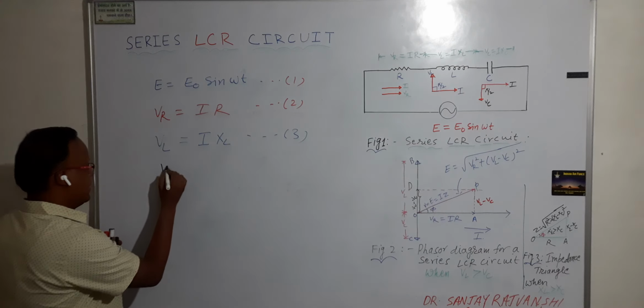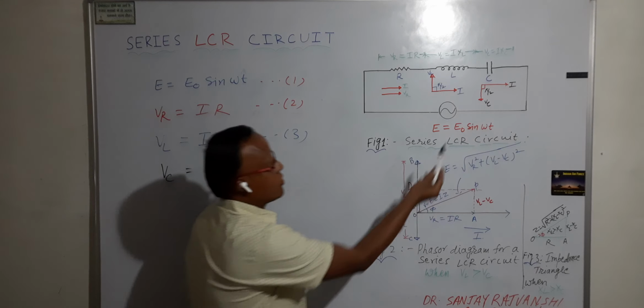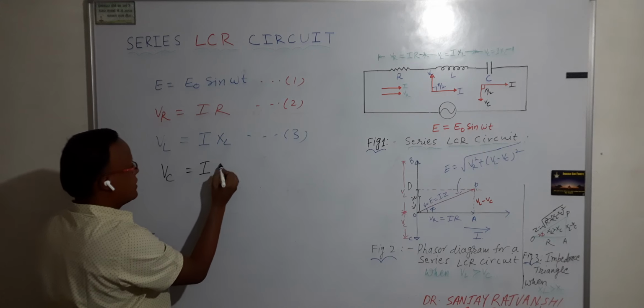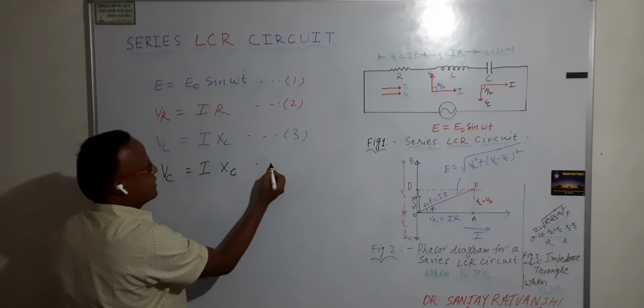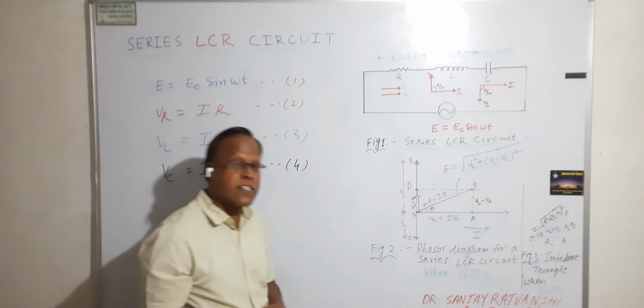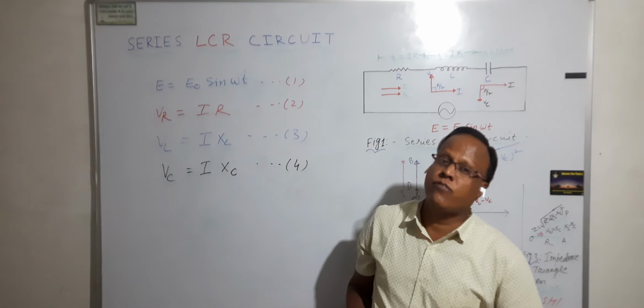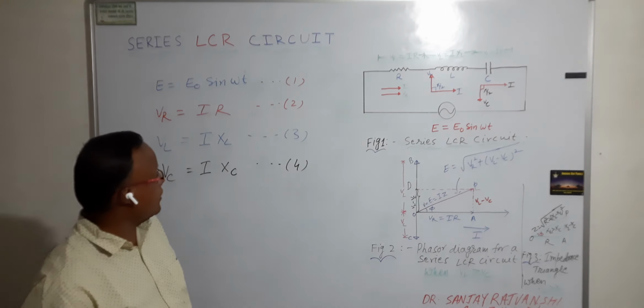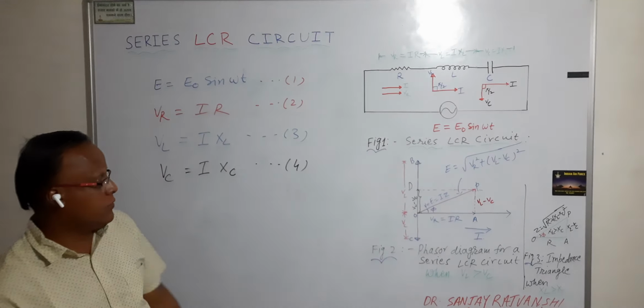Similarly, the voltage across the capacitor C is given by VC is equal to IXC. This is your equation number 4. And this XC is called the capacitive reactance of the capacitor. So these are the three.